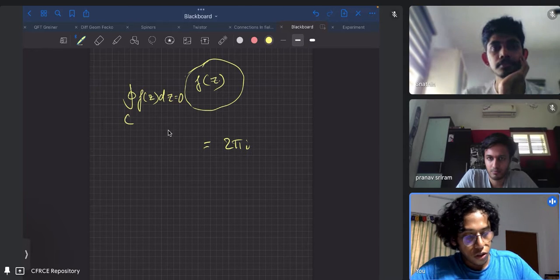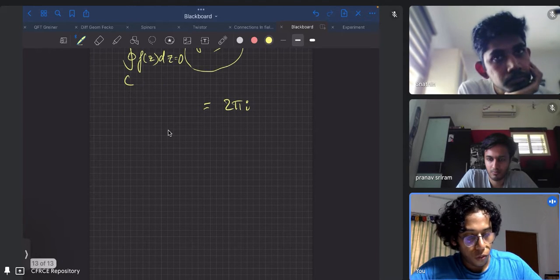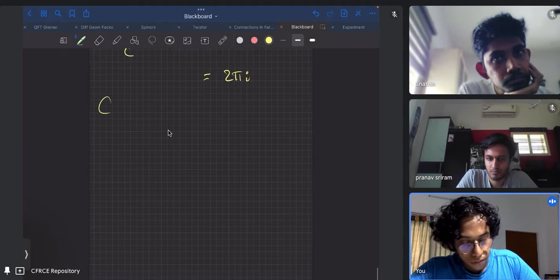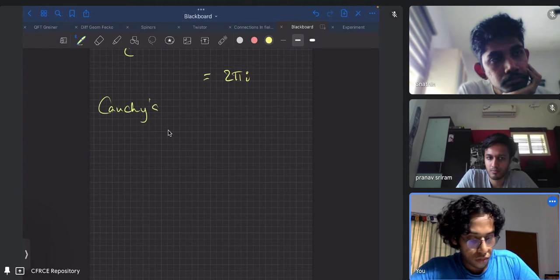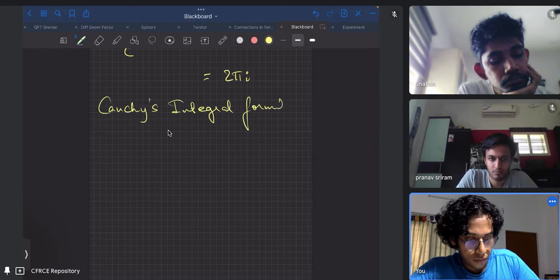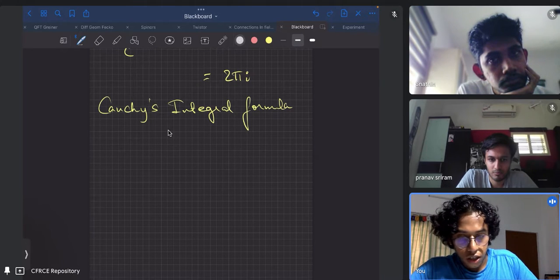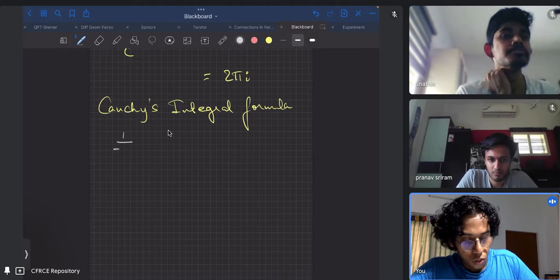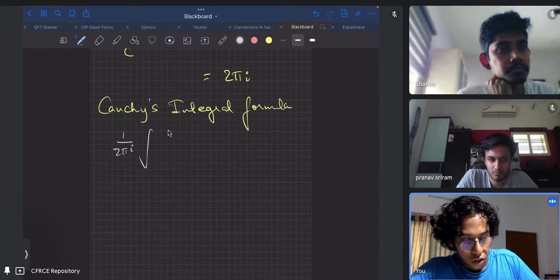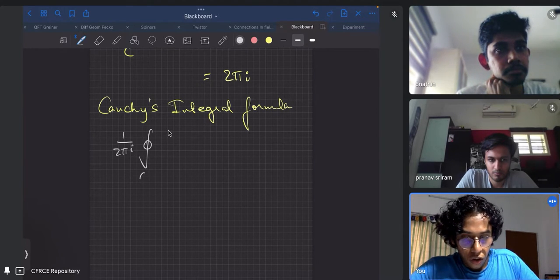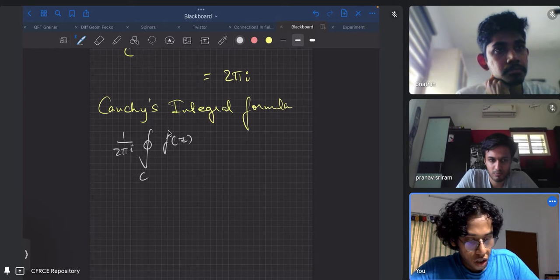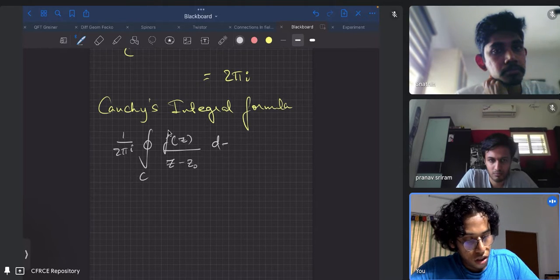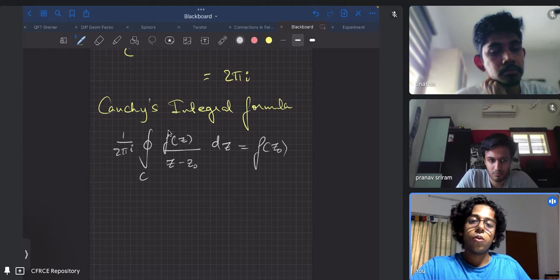For that, let's take a look at Cauchy's integral formula, which essentially says that 1 by 2 pi i times the integral over a closed contour of f of z over z minus z naught dz is equal to f of z naught.